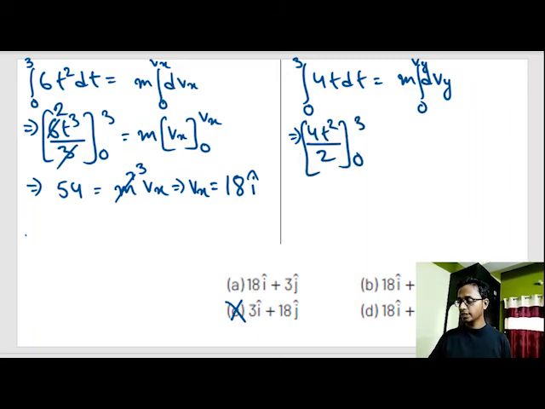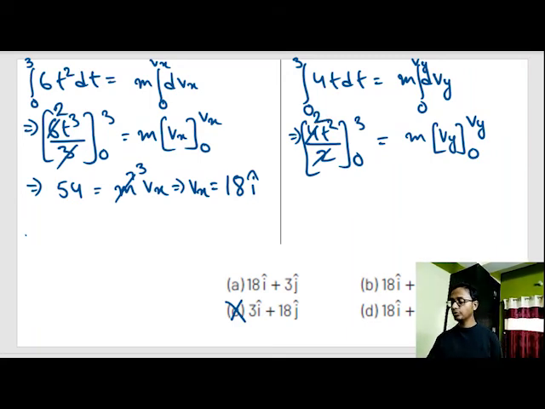0 to 3 is equal to m times vy, the y component of velocity from 0 to vy. This 4 gets cancelled by 2, so 2 into t square, t is nothing but 3, 3 square becomes 9, 2 into 9 is 18, minus, if we substitute 0 in the value of t we get 0.